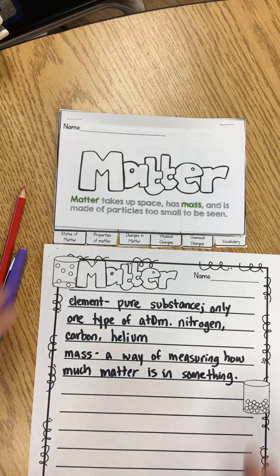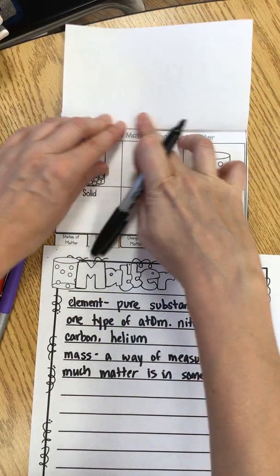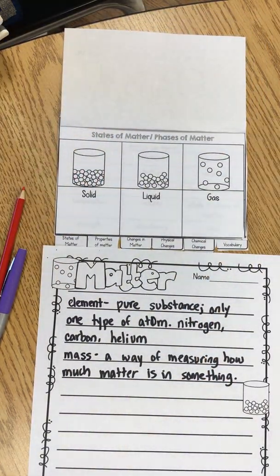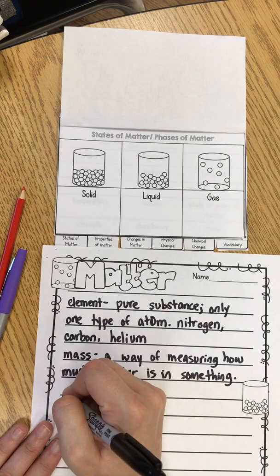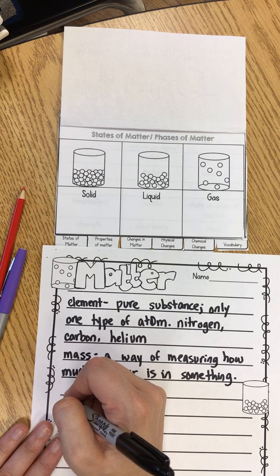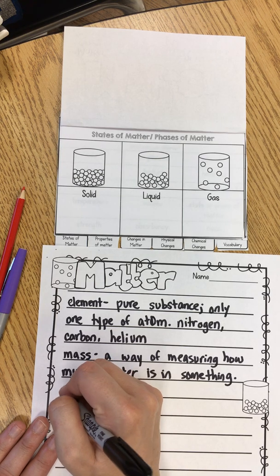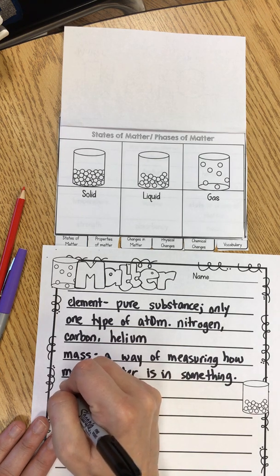Okay, on page 2 of our flip book, we learn that there are 3 states of matter: a solid, a liquid, or a gas. And the properties of solids, liquids, and gases are determined by the behavior of the atoms and molecules in the substance. So I'm going to write that down because that's important.